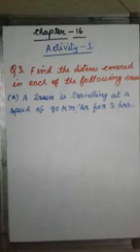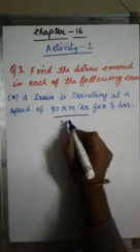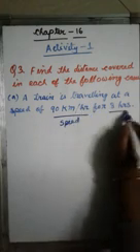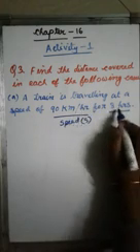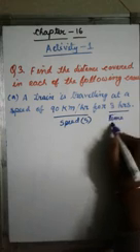Question number 3 is find the distance covered in each of the following cases. Here I am taking A for explanation. A train is traveling at a speed of 90 km per hour for 8 hours. So here the speed is 90 km per hour, speed that is s. Time taken is 8 hours. This is time.